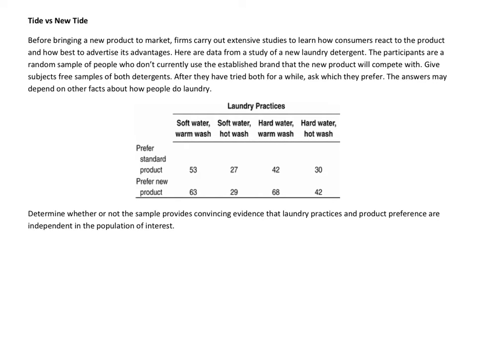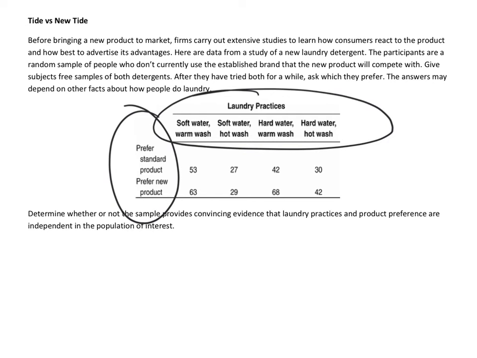So we're trying to figure out, does your preference on which laundry detergent you use and the type of laundry practice that you do, are they independent of each other, right? So is there a dependency between, oh, the people who like the new stuff all happen to be this style of laundry washing type people, right?